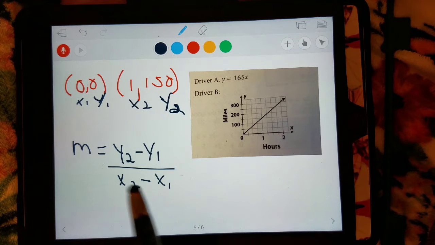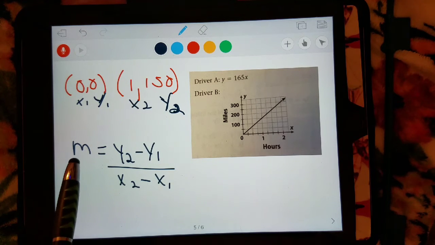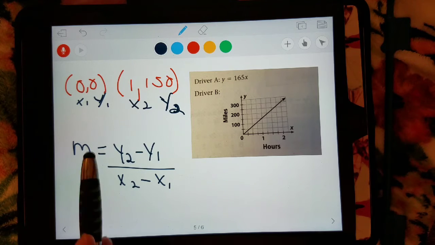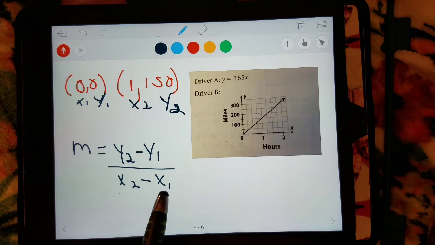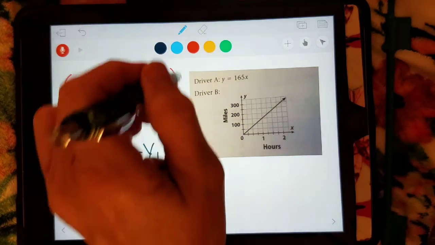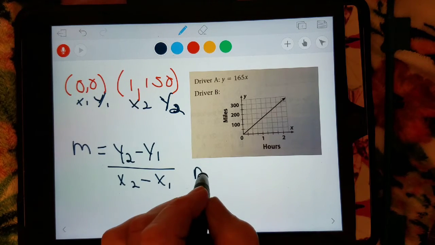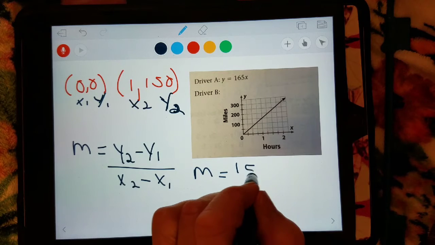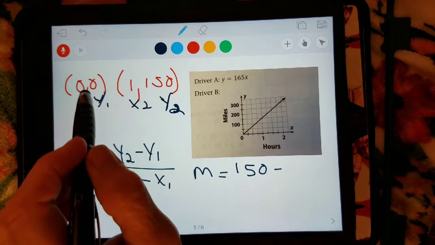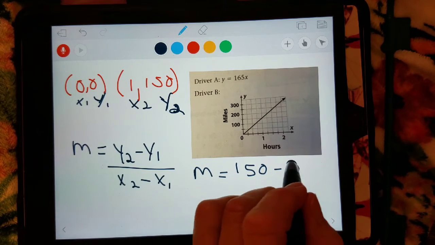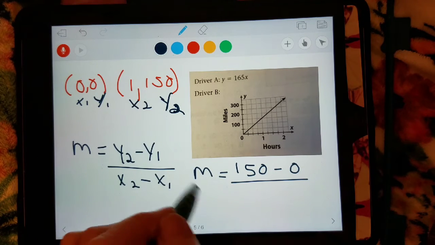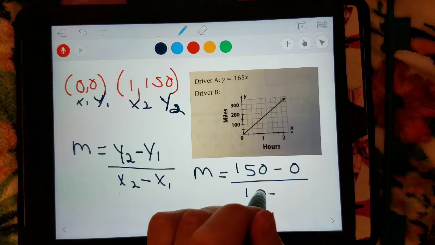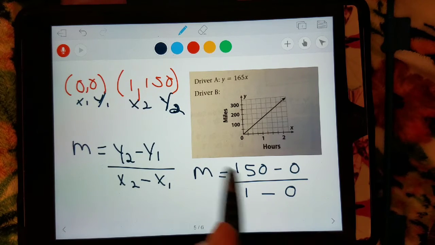Okay, now that we have our 2 points, we have our slope formula. Slope equals y sub 2 minus y sub 1 over x sub 2 minus x sub 1. All right, so we're going to use it. So m equals y sub 2 is 150 minus y sub 1 is 0 over x sub 2 is 1 minus x sub 1 is 0.